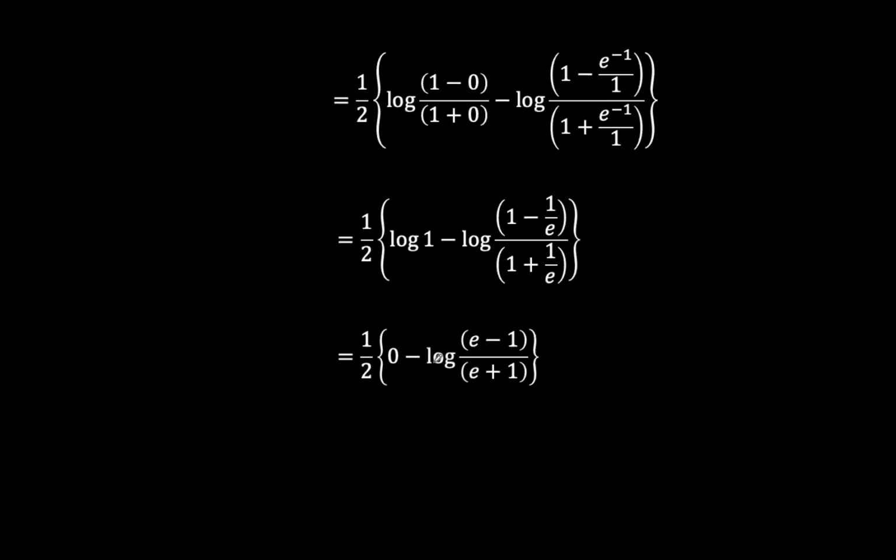And here we have minus log of e minus 1 over e plus 1. The negative here can go up as power negative 1, right? And that means that we get the reciprocal of whatever is under the log function. And so we have half natural log of e plus 1 over e minus 1. And that is the answer.